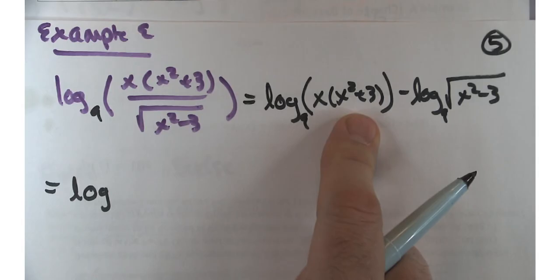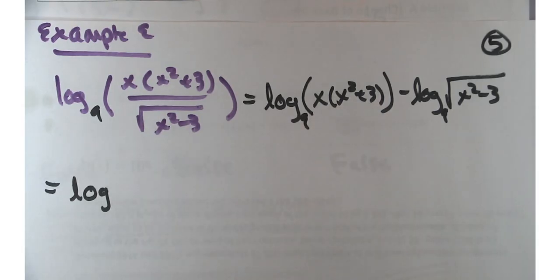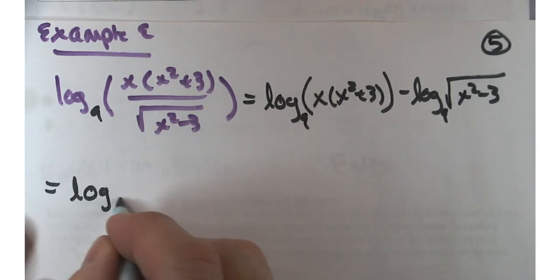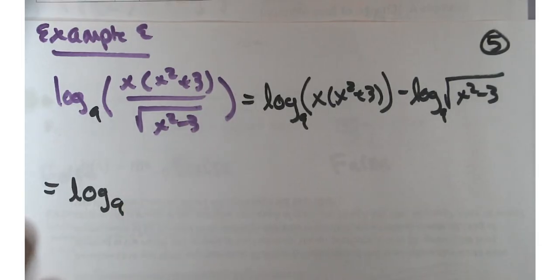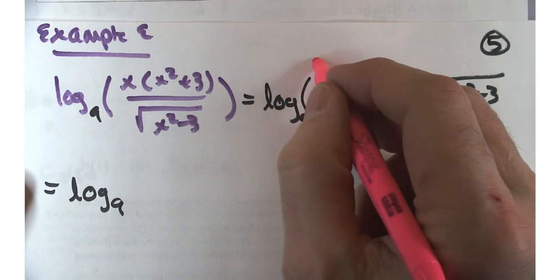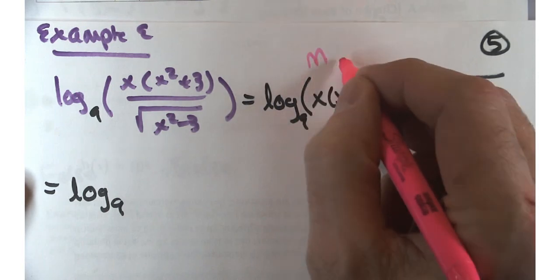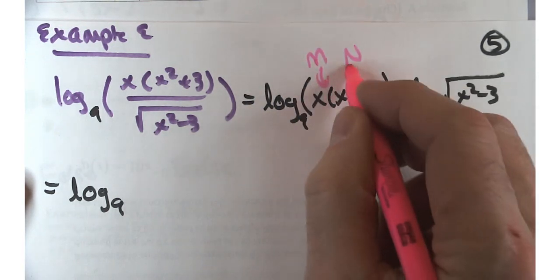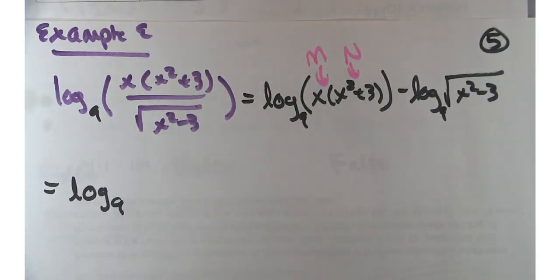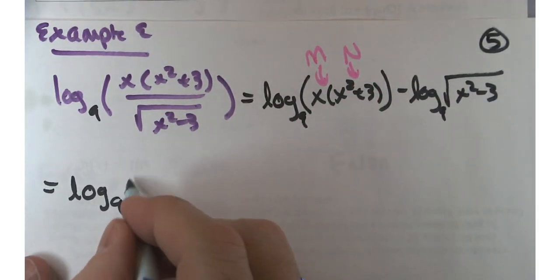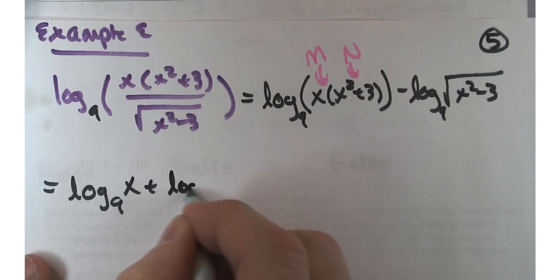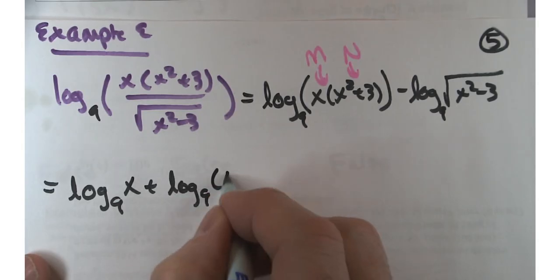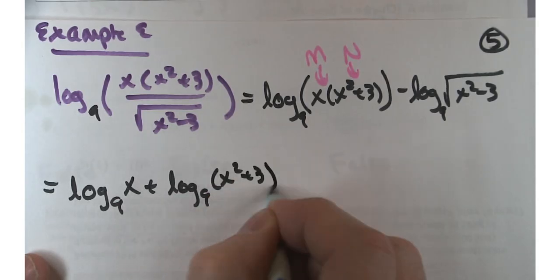Yeah, to break it up. Break up the x from the x squared plus 3. Yeah, this is your product rule. You've got an m and an n. So it's going to be log of m, or in this case an x, plus log base 9 of x squared plus 3.